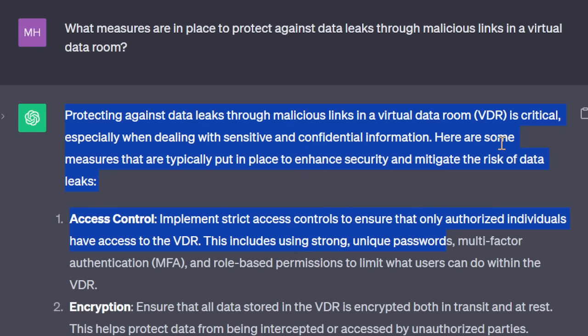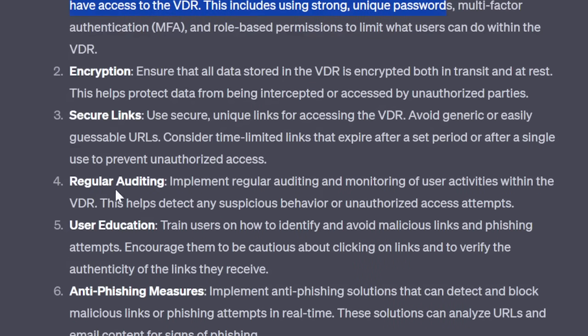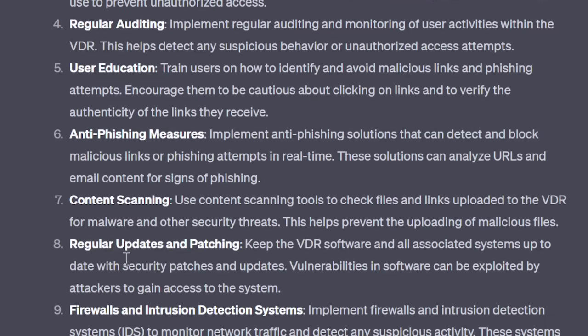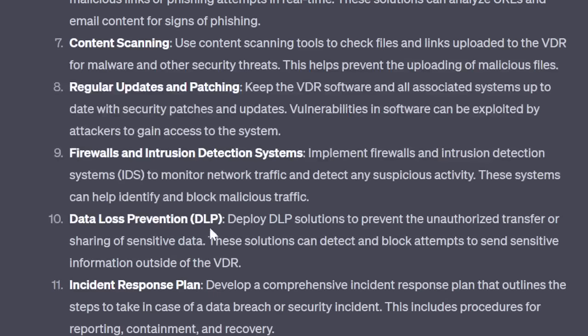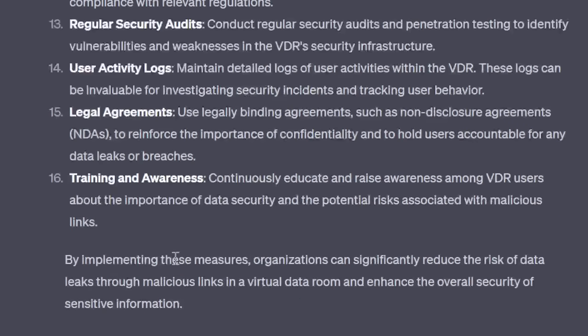Here are some measures that are typically put in place to enhance security and mitigate the risks of data leaks: access control, encryption, secure links, regular auditing, user education, anti-phishing measures, content scanning, regular updates and patching, firewalls and intrusion detection systems, data loss prevention, incident response plan, vendor security, regular security audits, user activity logs, legal agreements, training and awareness.